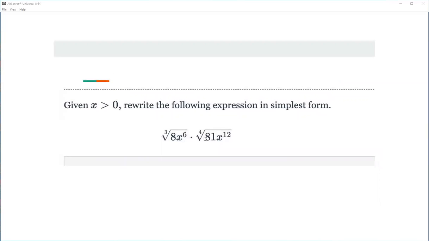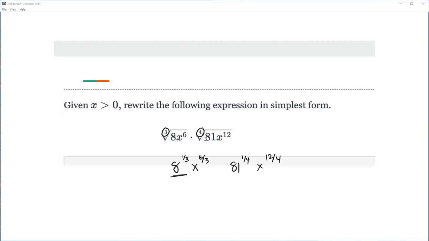In this case here, you don't have like radicals here, but you can convert these into a fraction. So this is what, 8 to the 1/3 power, x to the 6/3 power, and then this is what, 81 to the 1/4 power, x to the 12/4 power.